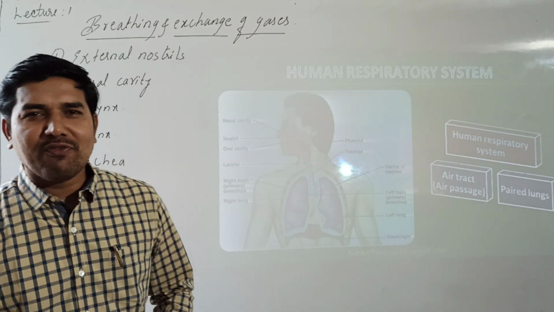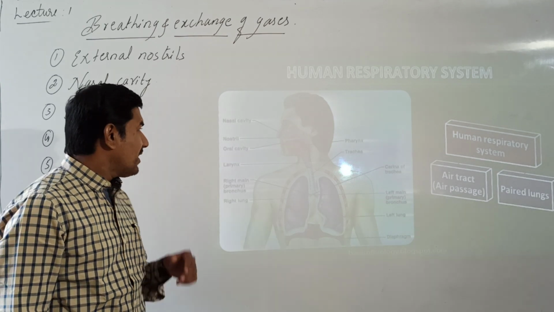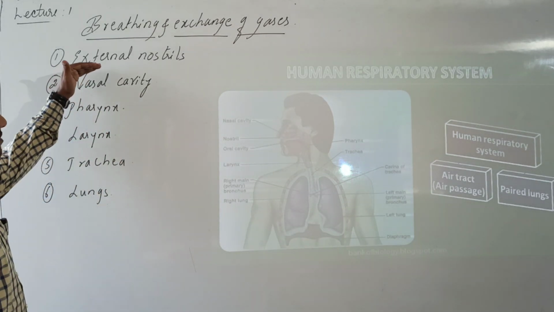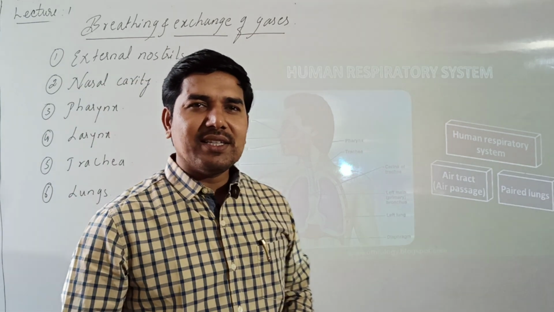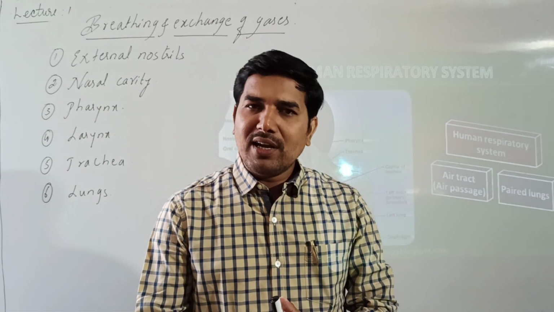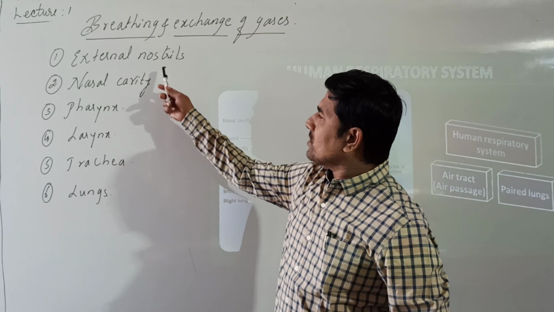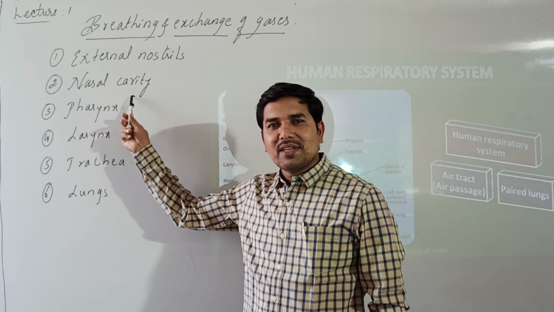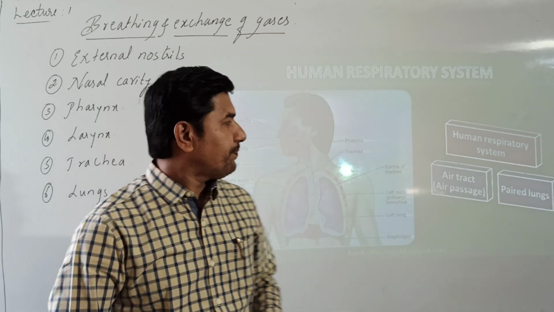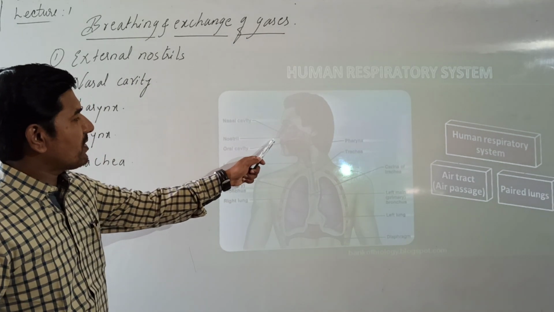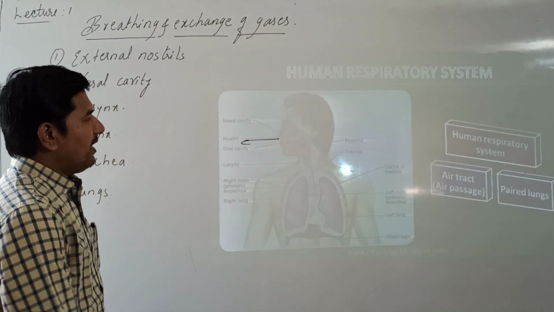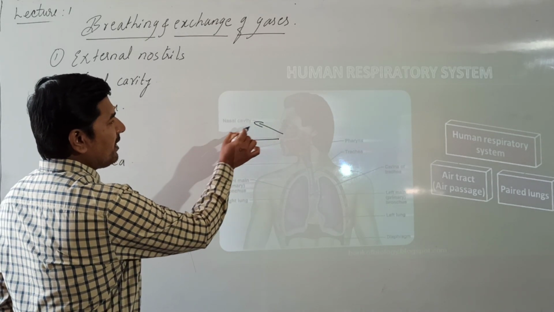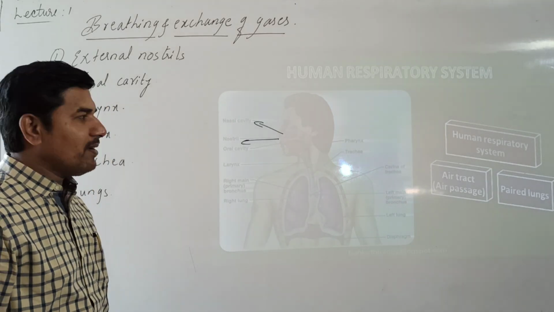Then what are the parts of the human respiratory system? The first one is external nostrils. External nostril is nothing but an external opening of the nose. Then second comes the nasal cavity. This is the external nostrils as we will see here. Then the upper part, this is the nasal cavity.